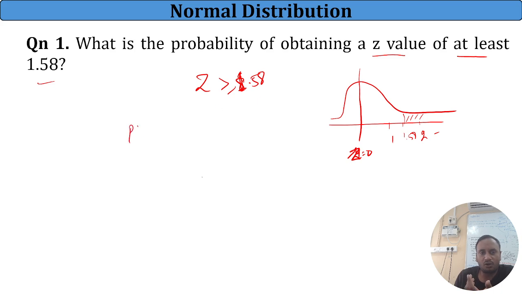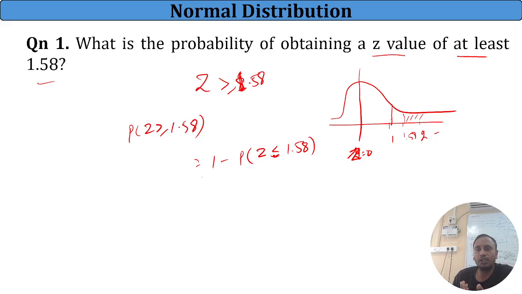The z value is already given. Can we do it like this: 1 minus P of z less than 1.58? Because eventually if we give this value, can we give it or not? Yes, sir. So if you see the z value of 1.58, what is the value? Anyone have the table? Or I'll show.